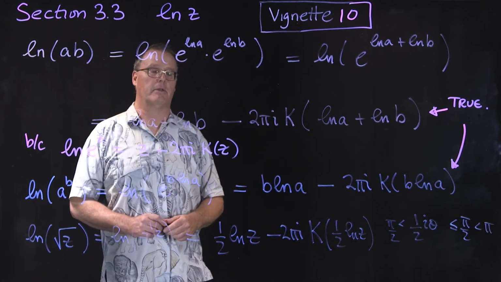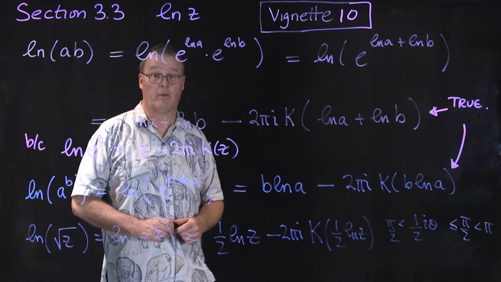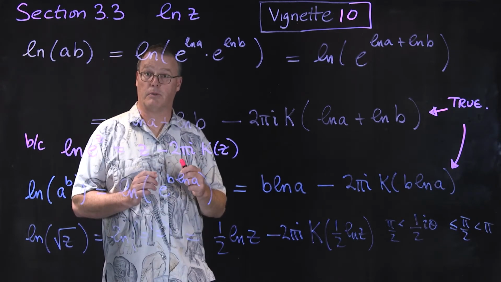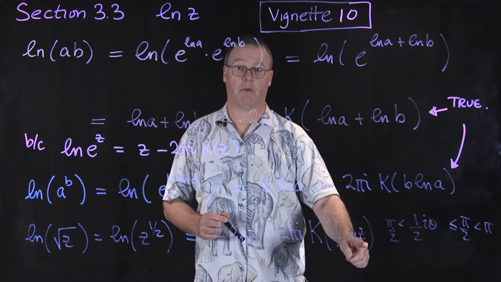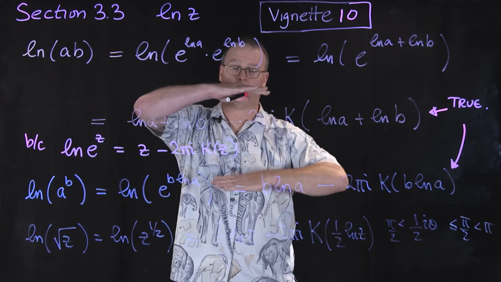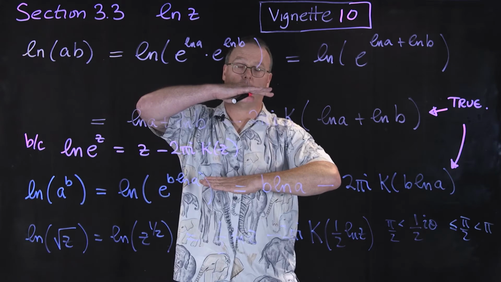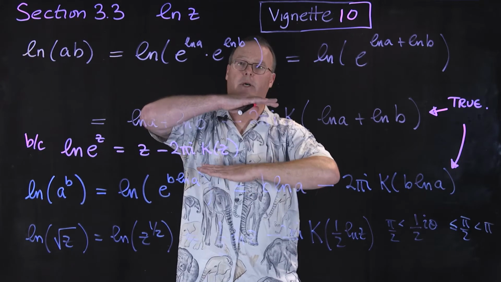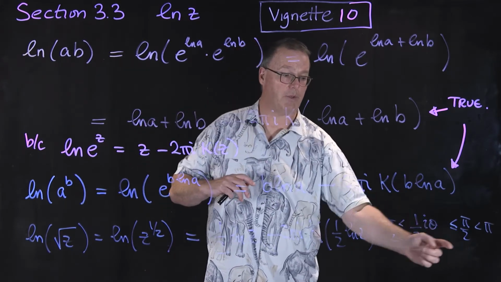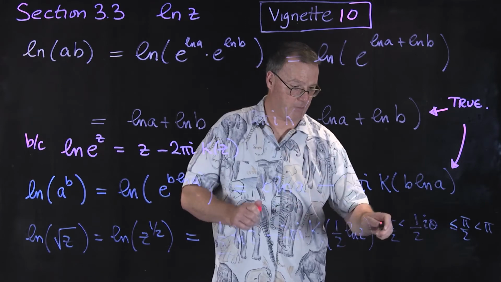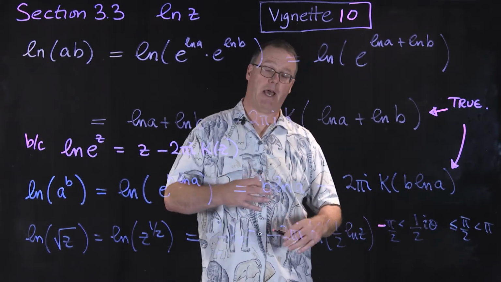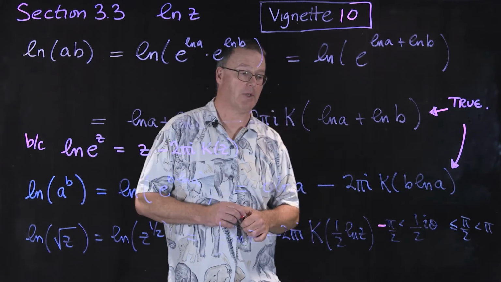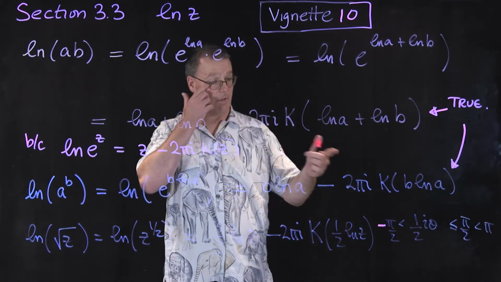And it turns out that the unwinding number of 1/2 log z is always 0. That's because the imaginary part of logarithm is trapped between minus pi and pi. So if you take 1/2 of that imaginary part, it's trapped between pi over 2 and minus pi over 2.